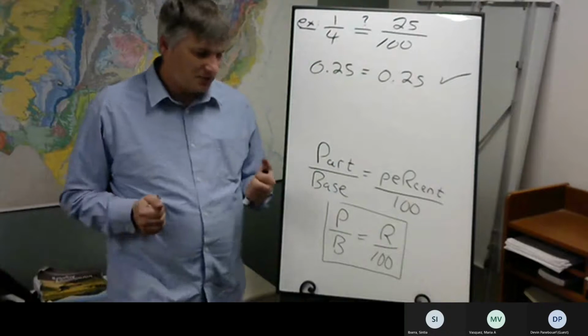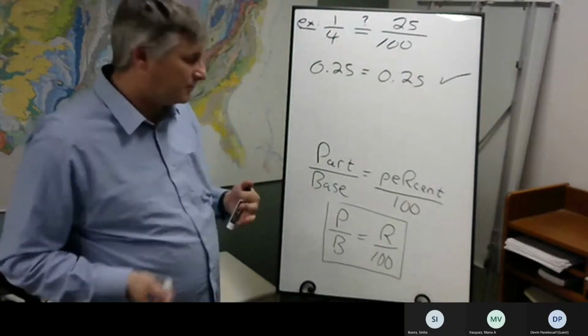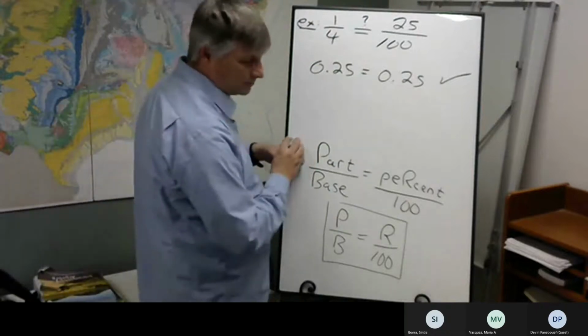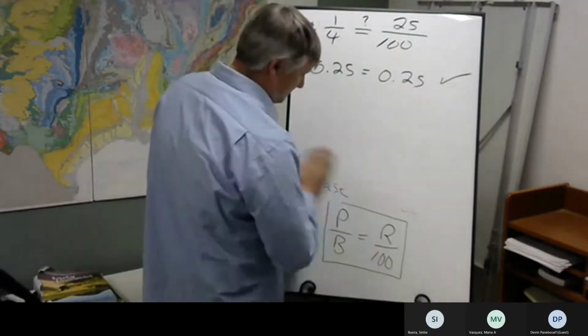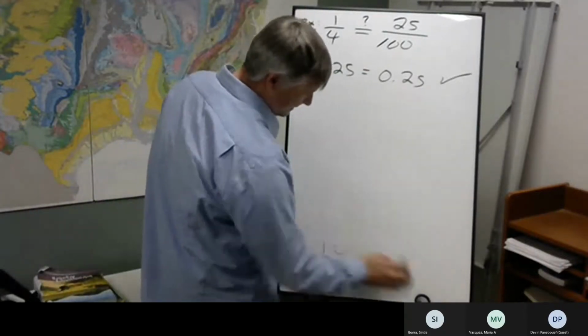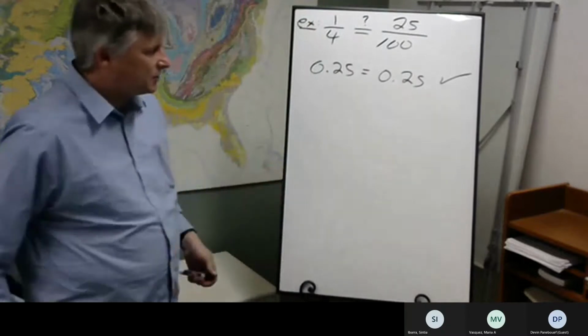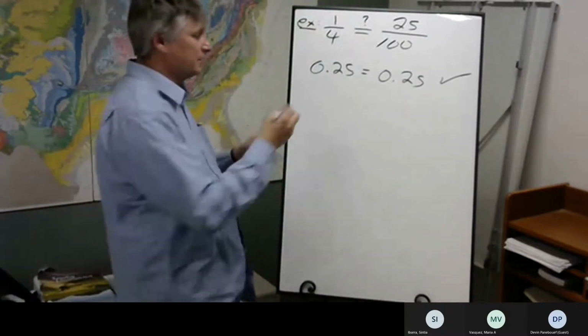So how do we use this to solve problems? There are 3 types of problems we're going to use with this formula. First off, I want to introduce something called the cross product rule.